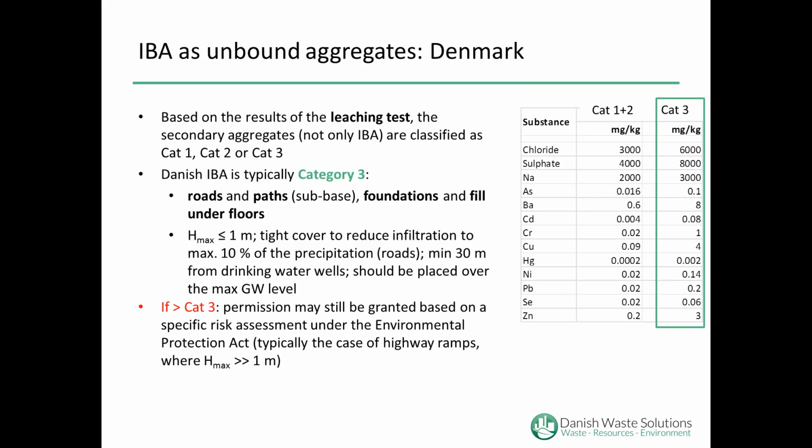If for some reason your bottom ash sample does not comply with category 3 limits, or if the technical conditions cannot be fulfilled, a permission to use or utilize the bottom ash may still be granted based on a specific risk assessment procedure under the Environmental Protection Act. And this is typically the case of highway ramps, where the maximum filling height is much higher than 1 meter.